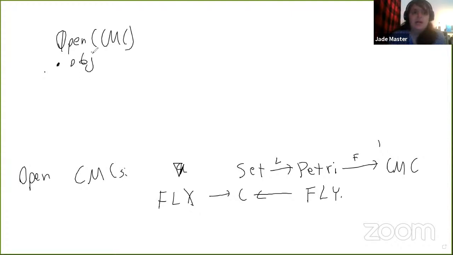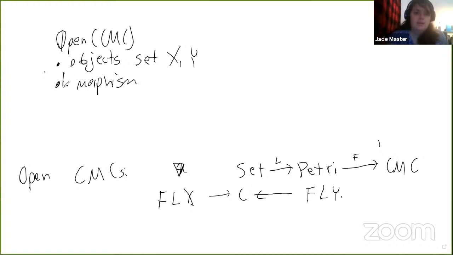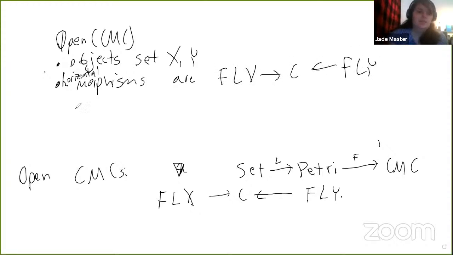Where the objects are sets like before. The horizontal morphisms are cospans like this. Horizontal composition is by pushout. Vertical morphisms are functions.